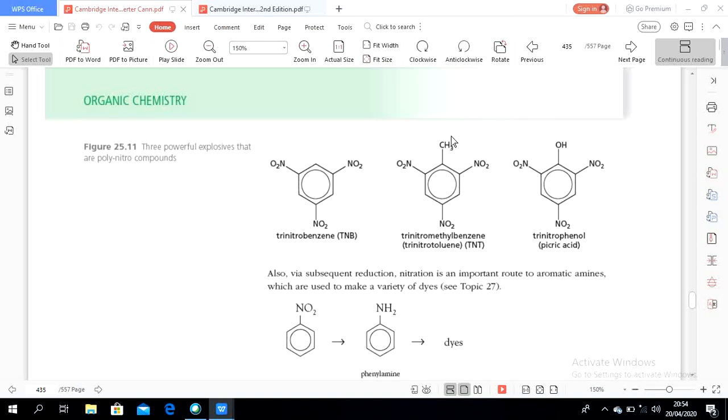Because the methyl is a more powerful group compared to the nitro. And then there is trinitrophenol, also called picric acid. And these 3 are called powerful explosives that are polynitro compounds. This is the TNT that you have usually heard of.